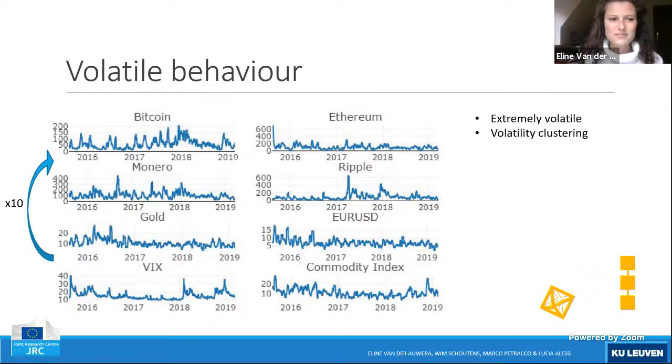Thank you. So, as I mentioned, cryptocurrencies are extremely volatile, and this plot that I have depicted here is an example of this volatile behavior. If you compare 4 cryptocurrencies over time with other asset classes like gold, the euro-dollar exchange rate, the VIX, which is an index for the S&P 500 and is actually something we use as a standardized volatility measure, or a commodity index, and we compare these volatilities to the volatilities of cryptocurrencies, we see that the volatility of cryptocurrencies is nearly 10 times as high as the volatility of normal assets.